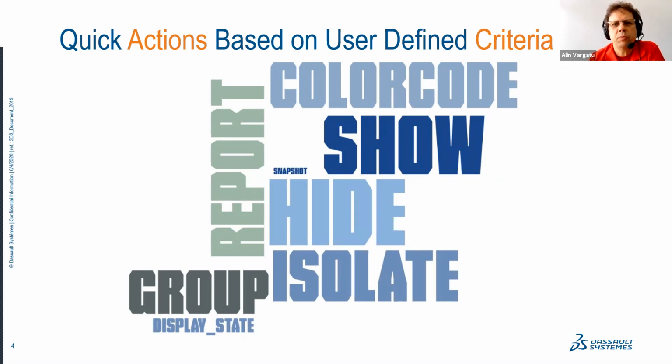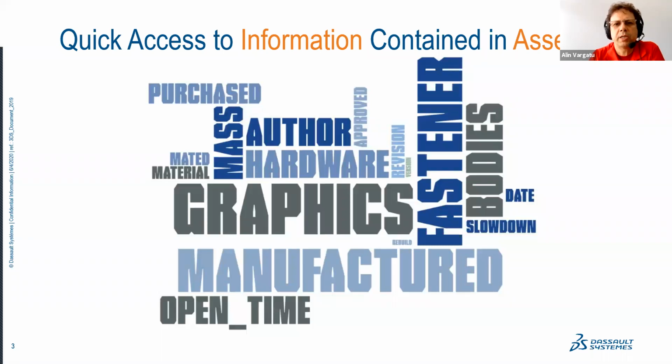Actually, allow me to put the previous word chart up. Is there any word that resonates with you, something that you would have ever needed to get out of an assembly without having to create a drawing, without having to create a bill of materials, without having to go to PDM? So feel free to either type it in the chat or just make a note.